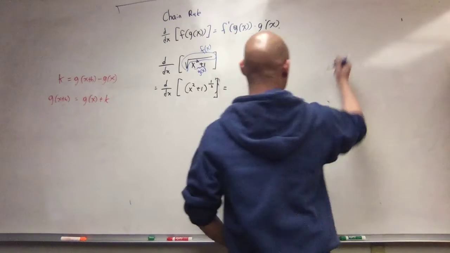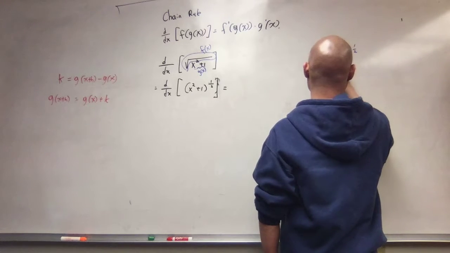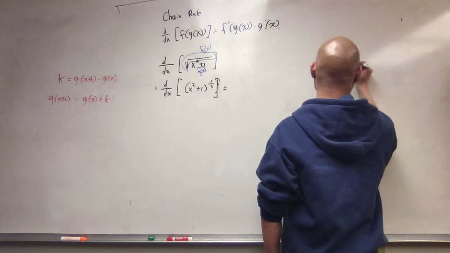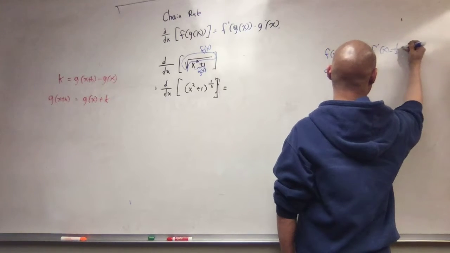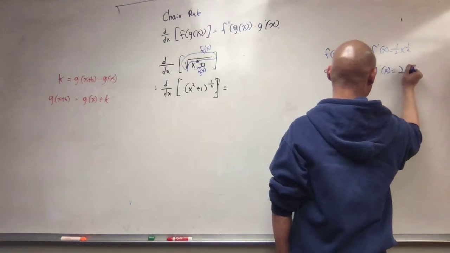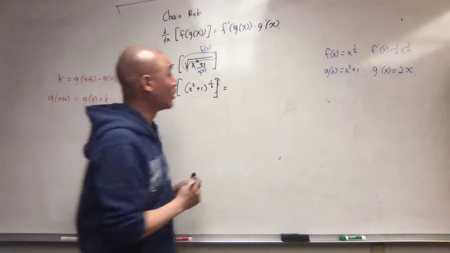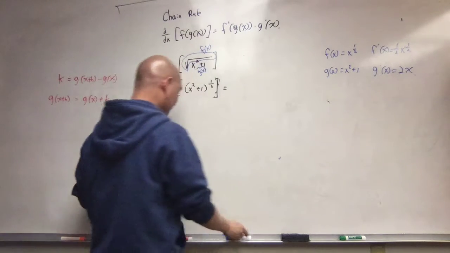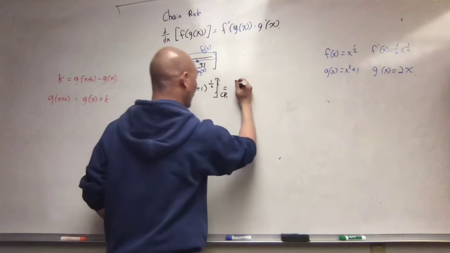So parenthetically, if f of x is x to the 1/2 and g of x is x squared plus 1, then f prime of x is 1/2 x to the negative 1/2, and g prime of x is just 2x.